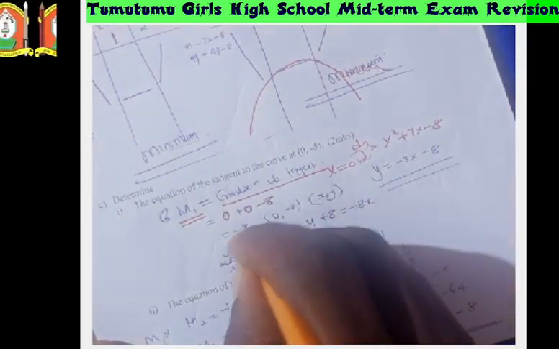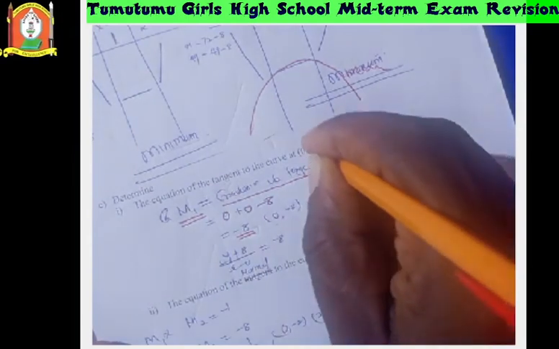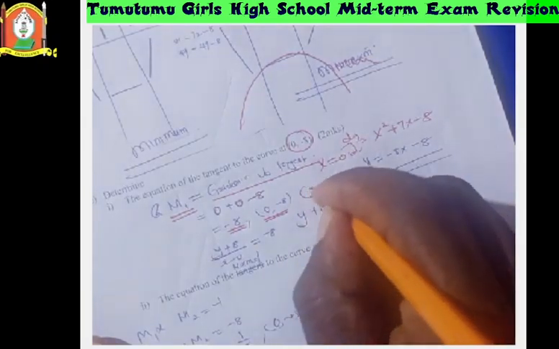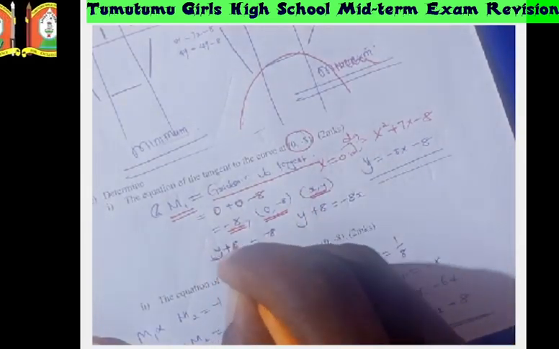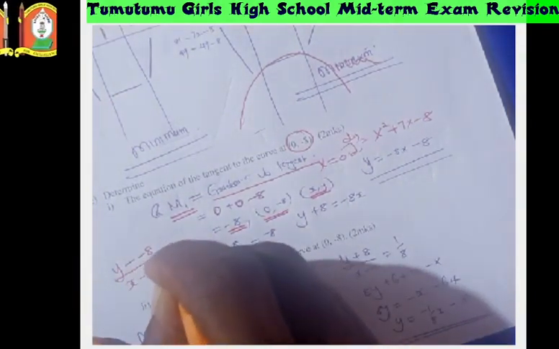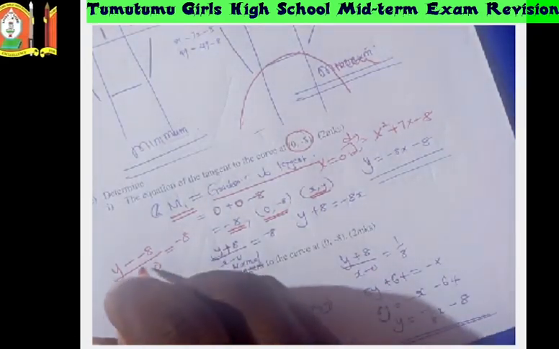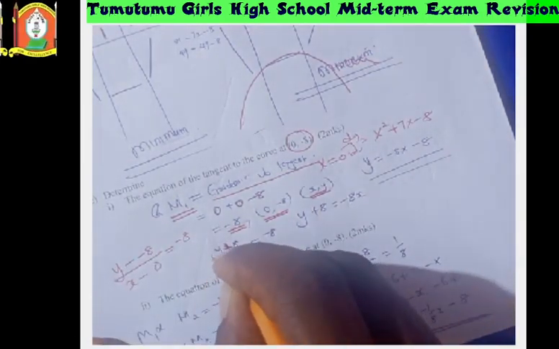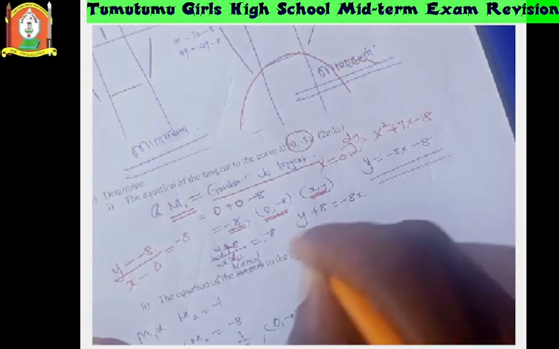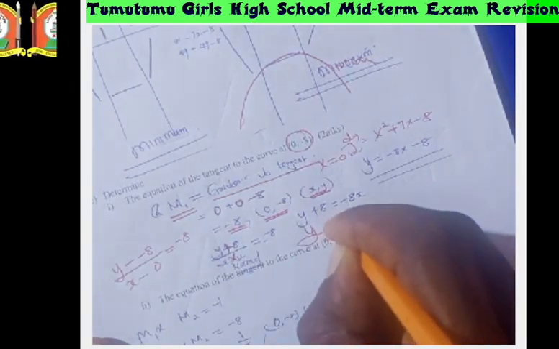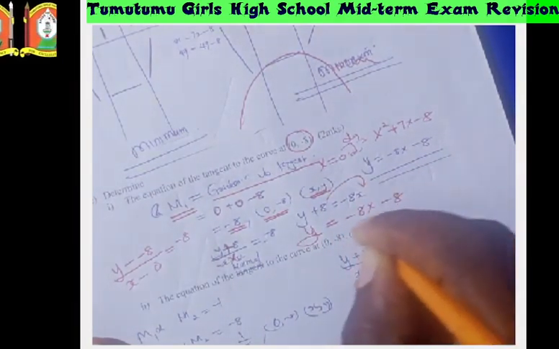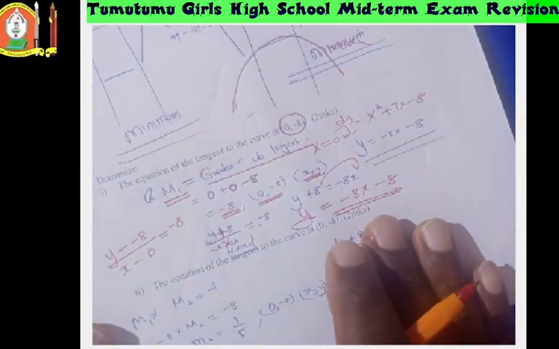So the gradient is negative 8, passing through the point (0, negative 8) and another point (x, y). So change in y: (y minus negative 8) over (x minus 0) is equal to negative 8. So y plus 8 over x is equal to negative 8. Cross multiply. So our equation becomes y equals negative 8x minus 8.